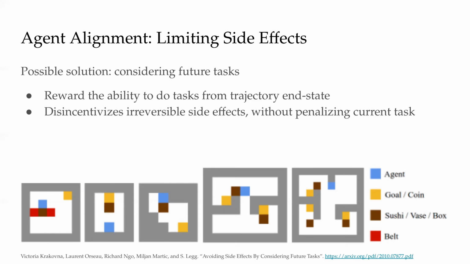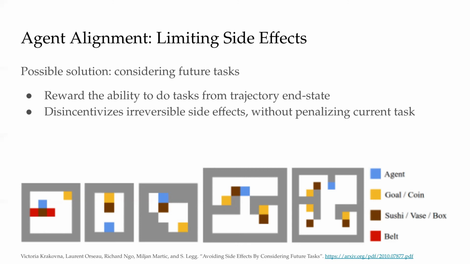Those are some environments. I don't know how informative they are. Actually, I guess we can go through them one by one. There's a conveyor belt over here, which pushes the vase off and breaks the vase. The agent moves the vase off the conveyor belt in case it needs to adjust the vase before it goes to the goal. Here, the agent goes around the box rather than going through it. Here, the agent doesn't push the box into the corner where it couldn't be pushed out.